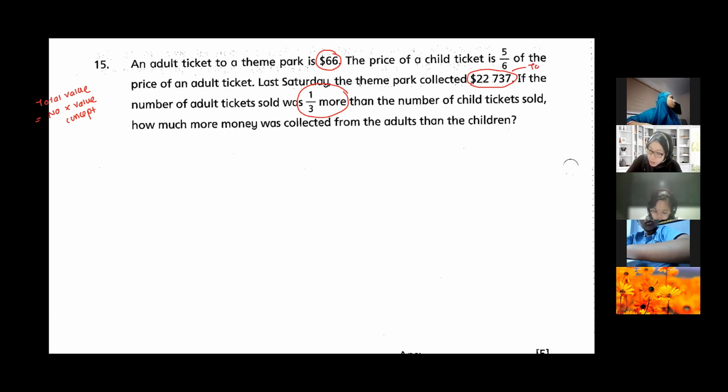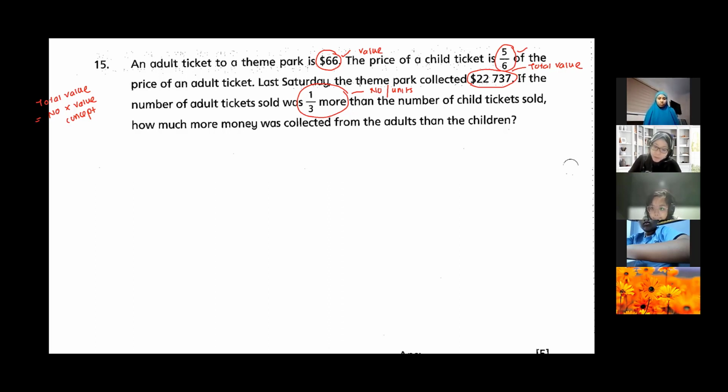This represents the units, or the number. With this fraction 5 over 6 and this one, these two tell us the value of the tickets. So I have all this information here. That's how I know this is the total value, number times value concept.